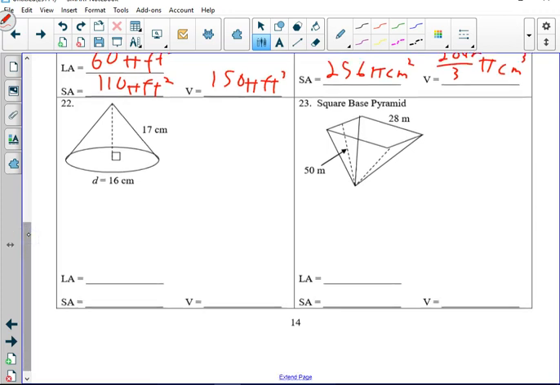All right. We need to find this, which is 8. So the diameter is 16. And then we need to find this, the true height.